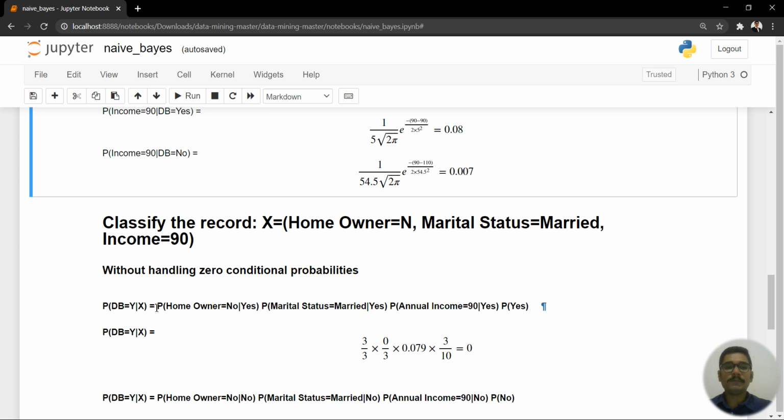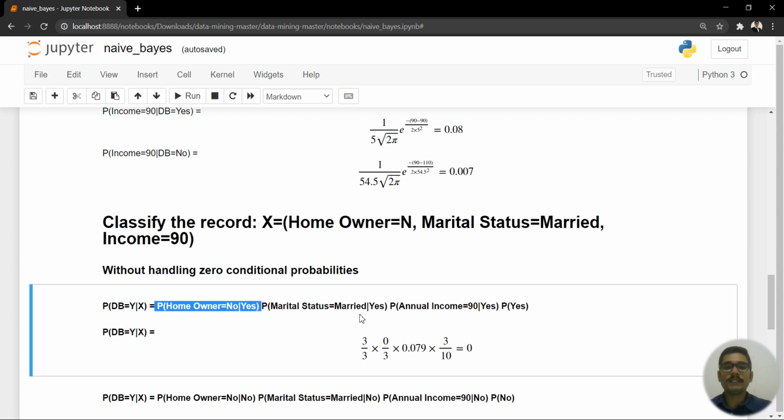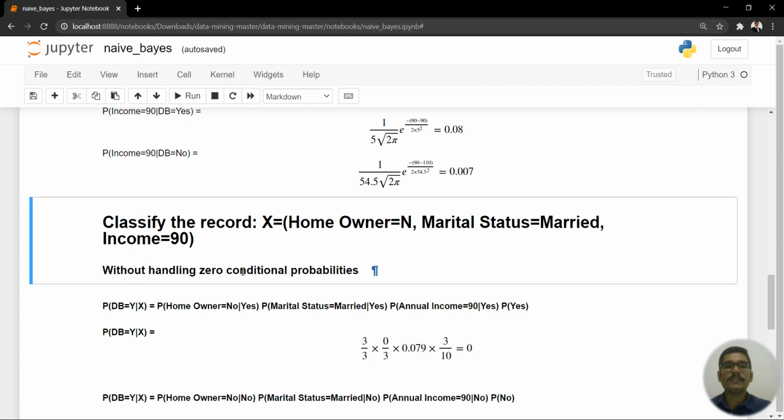This is the evidence that you have. So it's given by the probability of homeowner no given yes, marital status given yes, and annual income given yes, and this thing is the class prior. This comes from the normal Bayes theorem, and in the denominator we have a value that is the evidence.